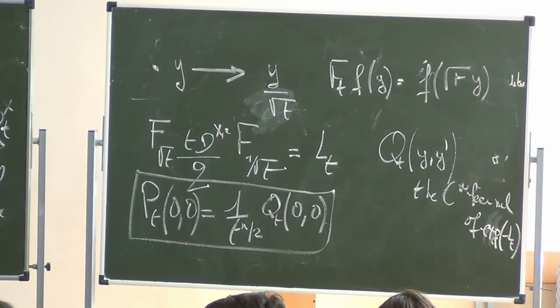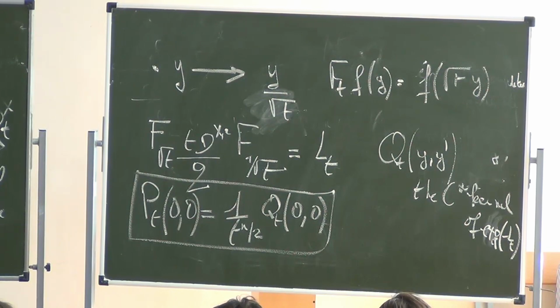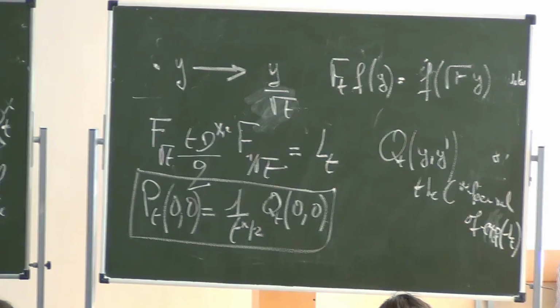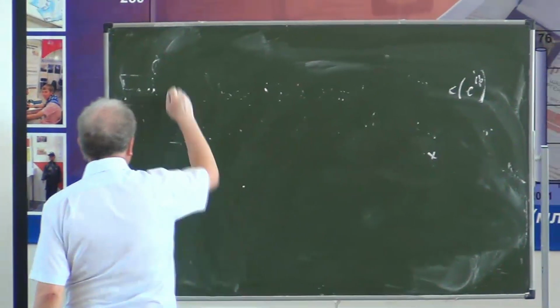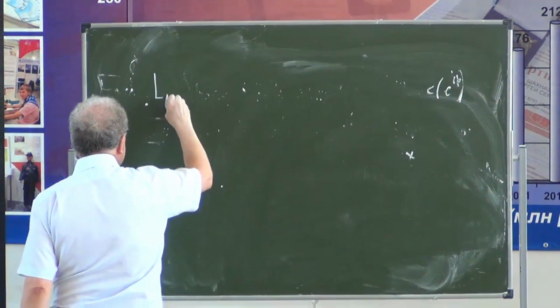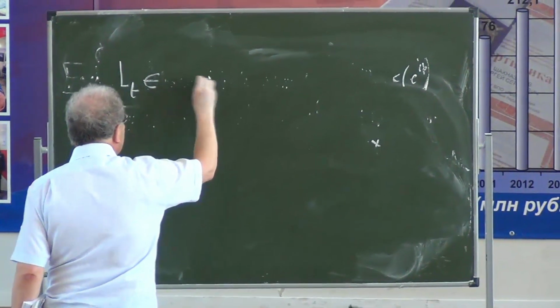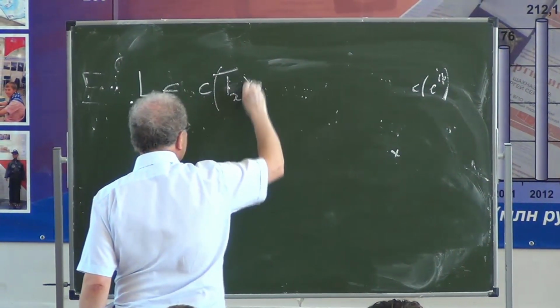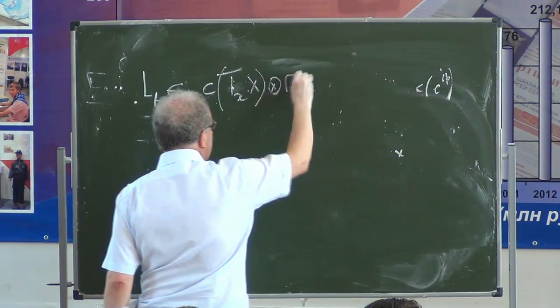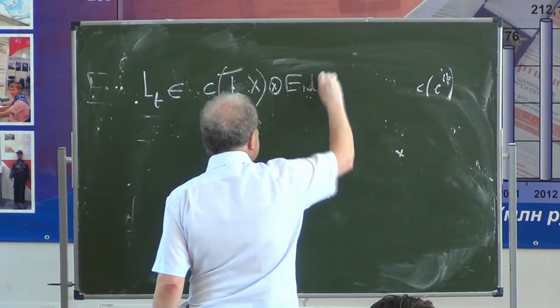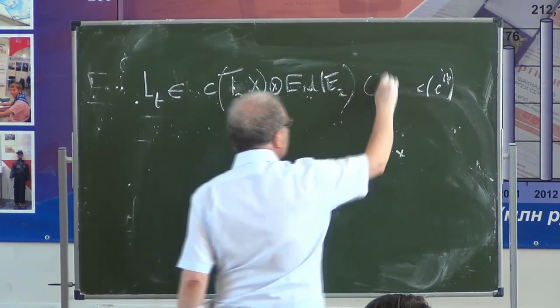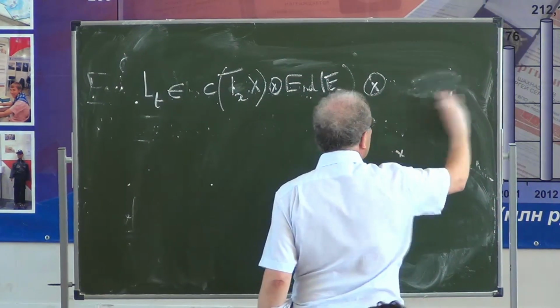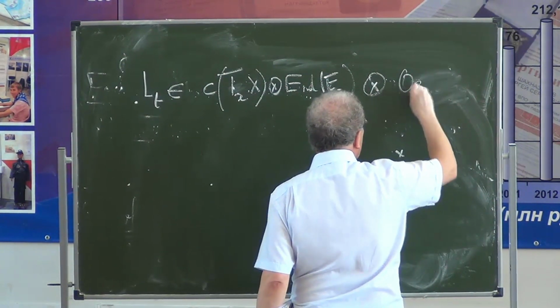Now, step number 3. Our operator LT is now a section of what? It's a section of the Clifford algebra of Txx tensored with End of Ex, tensored with scalar differential operators at x.